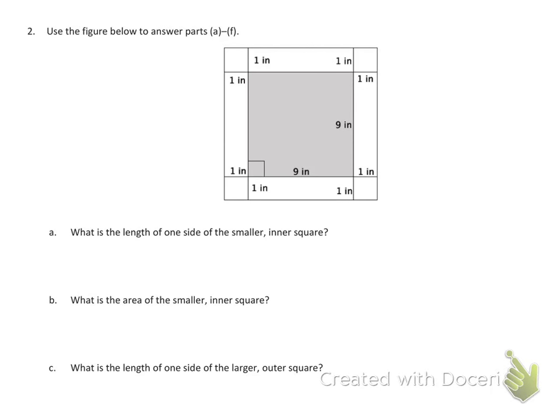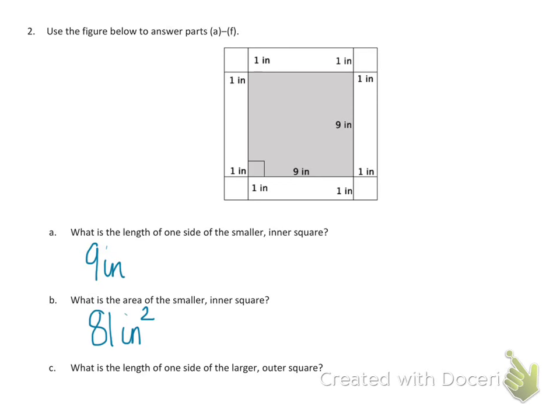We can complete exercise 2 in the exact same way that we did exercise 1, but it has different dimensions. The length of one side of the smaller inner square is now 9 inches. So the area of the smaller inner square will be 81 inches squared.